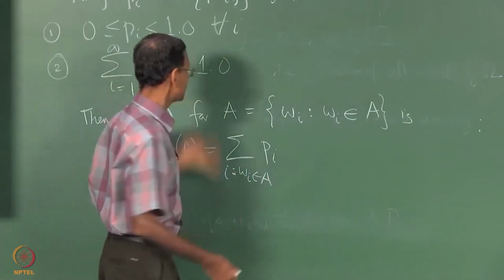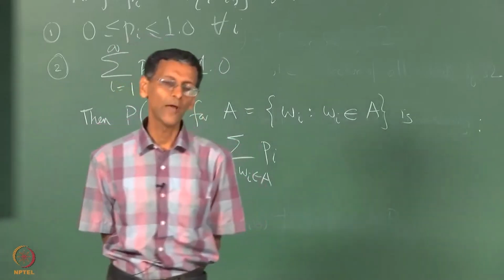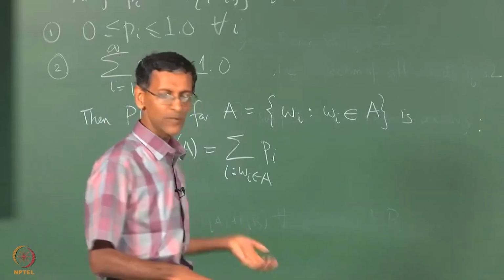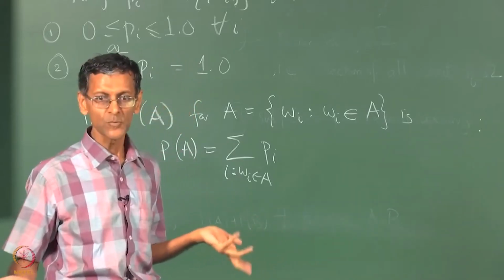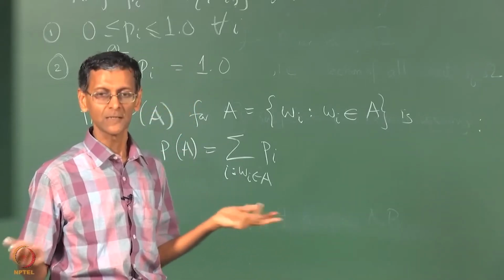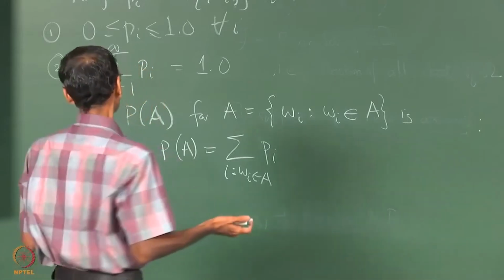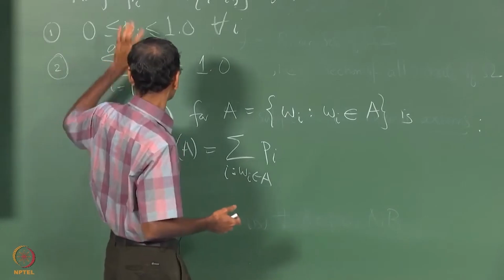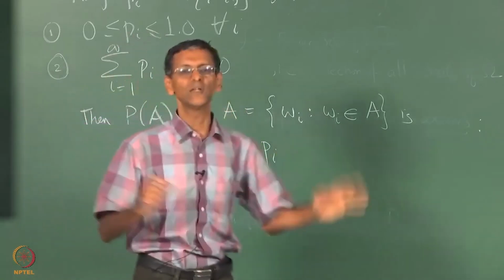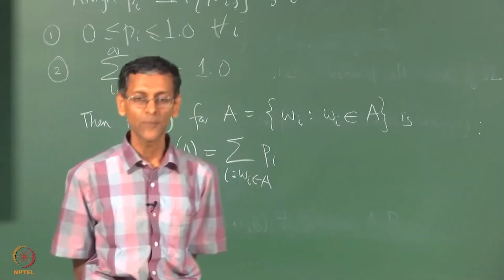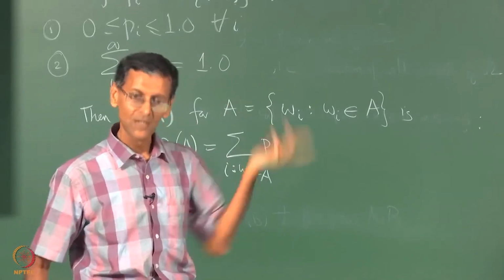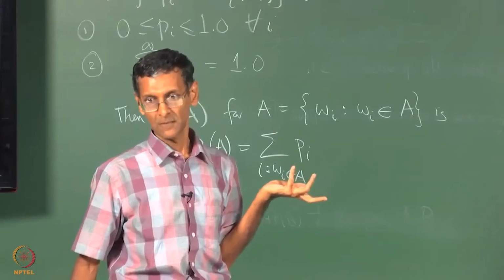So this is a very intuitive way of assigning the probabilities which we start doing when we start studying the subject. Note that the theory does not say how we should come up with these numbers Pi, especially when the number of outcomes is large, or even countably infinite.